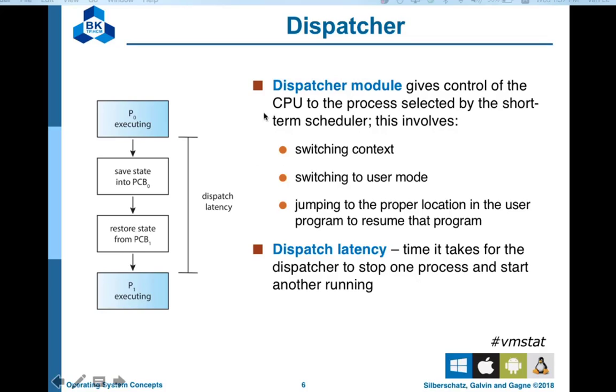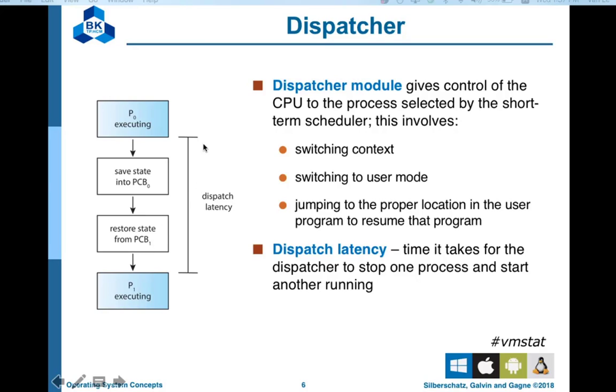This is the task of the dispatcher. The dispatcher will save the state of P0 into PCB0 and restore the state of P1 from PCB1. PCB here is the process control block.